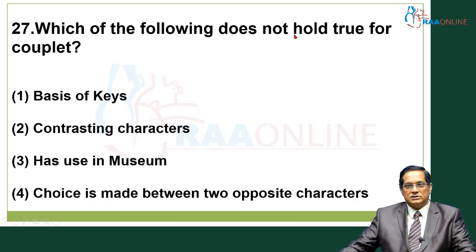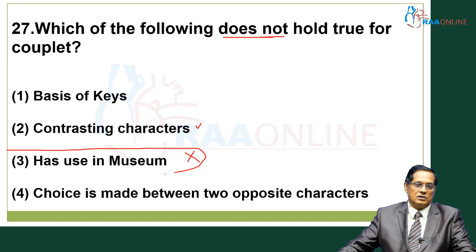Which of the following does not hold true for the couplet? Again the question is negative here, so point out the word not. Basis of key, yes. Contrasting character, right. Use in the museum, wrong. Choice is made between the two opposite characters, right. Use in the museum is not applicable. Others are right.